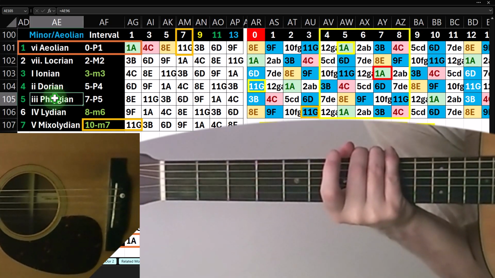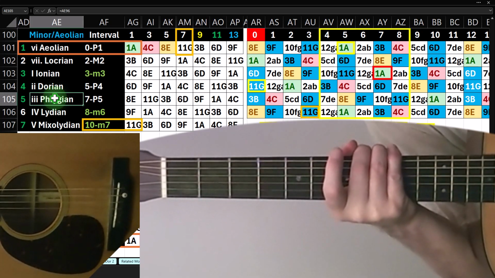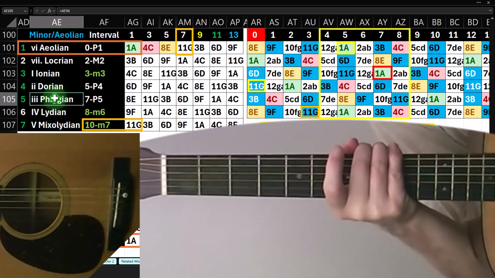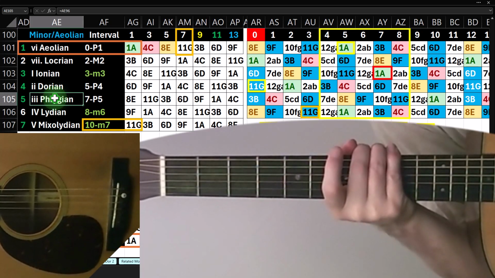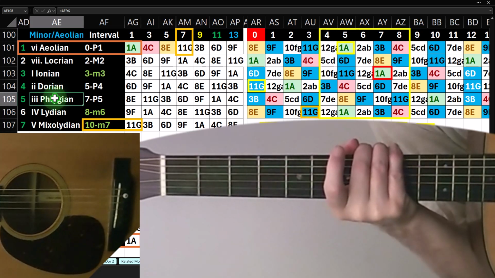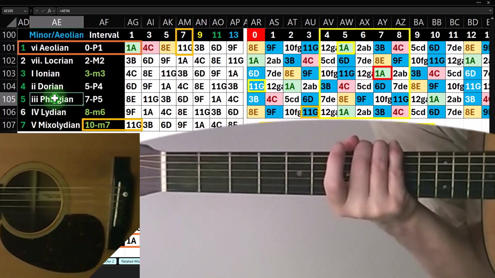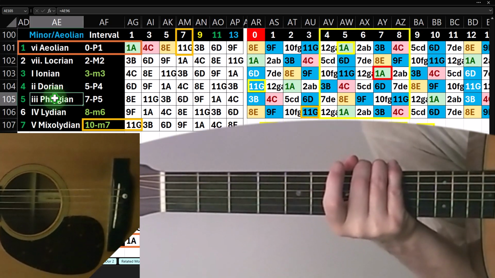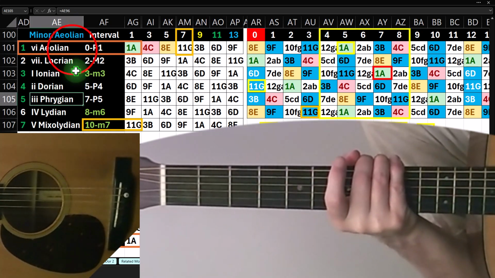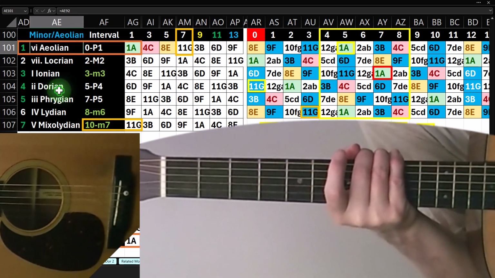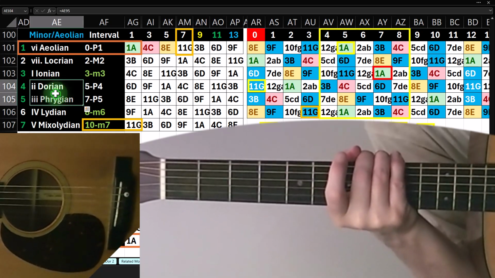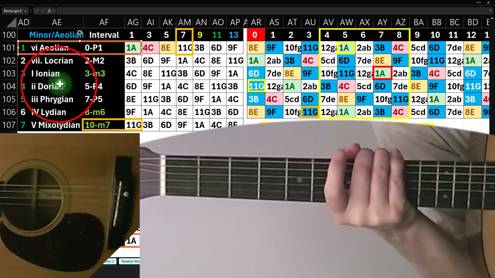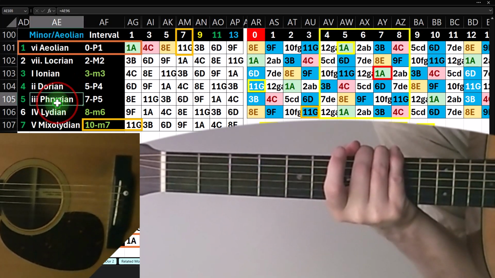So how do people deal with that usually? We start to remember that if I'm in the major key, the 1, 4, 5 is going to be all the major chord constructions that have a major third, the 2, 3, and 6 have a minor third, and the 7th is the weird one with a flat 5th. And then on the minor, we say, oh look, it mirrors, which it does, but it's kind of a shortcut to say, if I look at it from the perspective of the minor, the 1, 4, 5 are going to be all the minors, which will be Aeolian, the Dorian modal chord, and then the Phrygian modal chord.